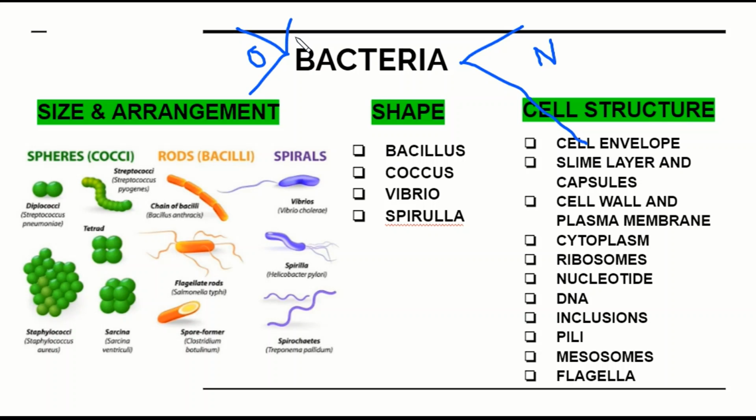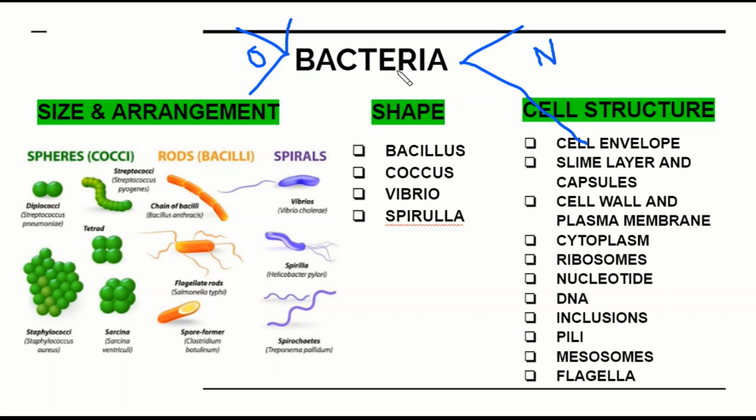Obligate aerobes can only survive in the presence of oxygen, while obligate anaerobes only in the absence of O2. The last one is facultative anaerobes. These can survive both in the presence or in the absence of oxygen. They don't have any strict requirements.